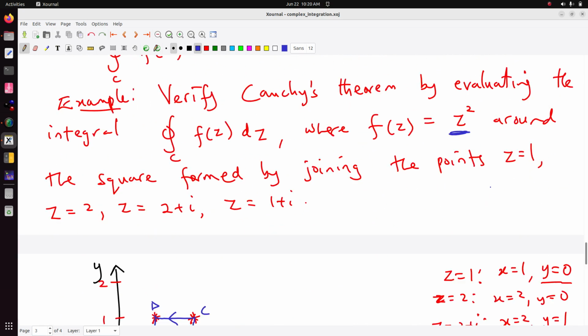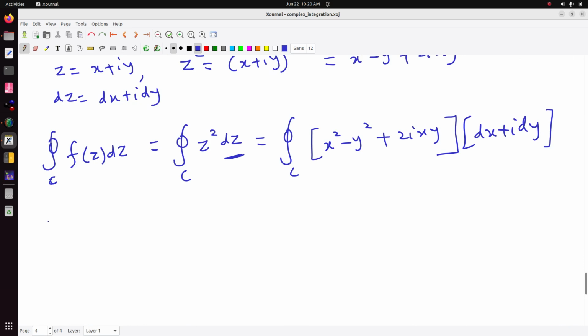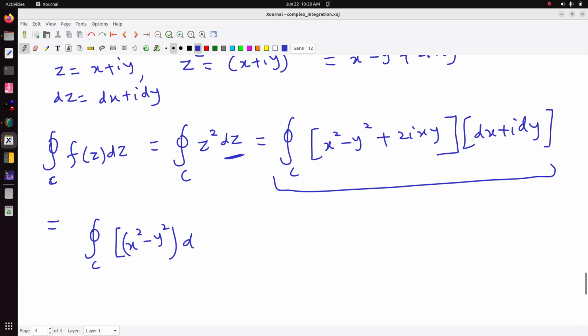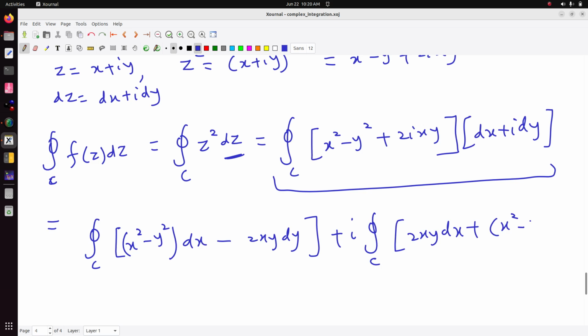So if you use that formula here as well, this integral can be written as the integral over the closed curve C of x squared minus y squared dx minus 2xy dy, then the imaginary part, 2xy dx plus x squared minus y squared dy, because in this case x squared minus y squared is now u, then 2xy is v.